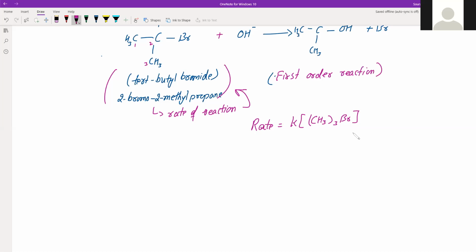That means that this is a multi-step reaction. So there will be more than one substep of this reaction.